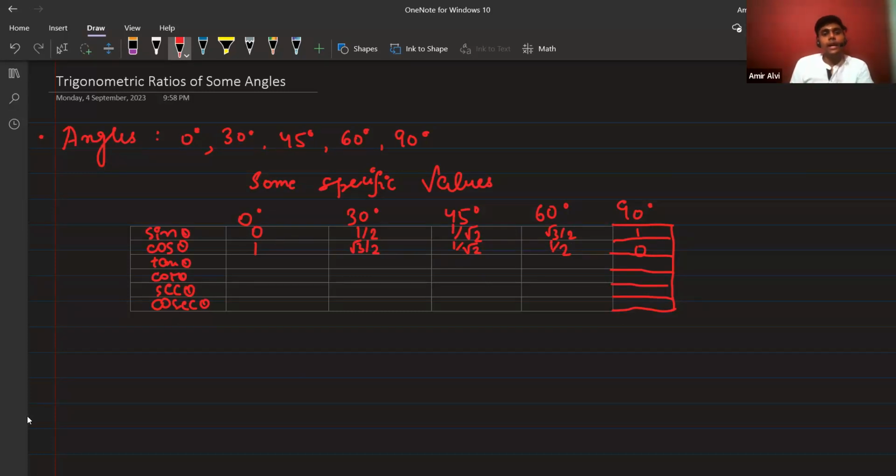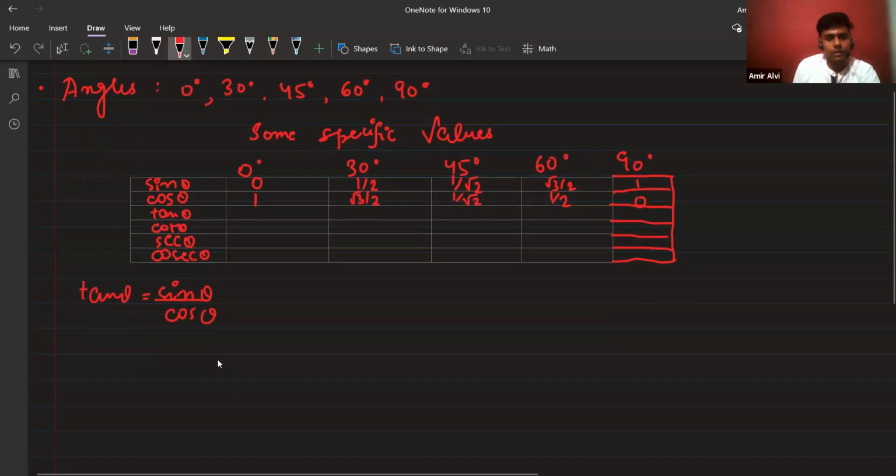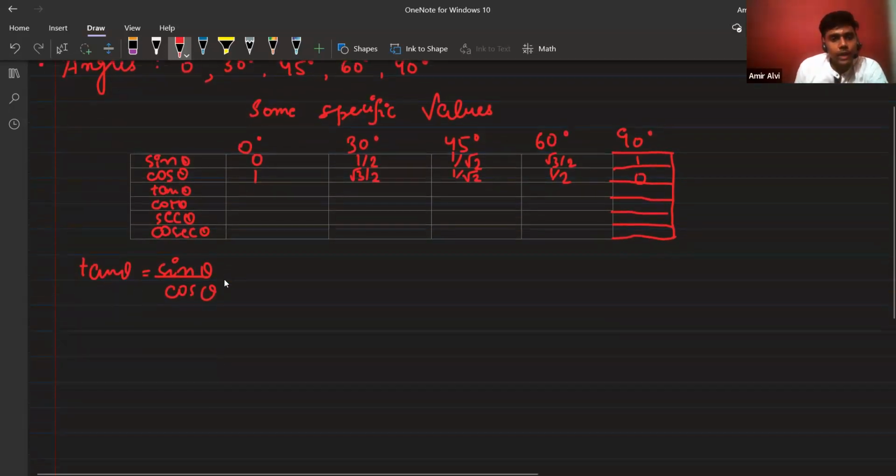So let's find out tan theta in an experimental way. Tan theta is sin theta by cos theta. So suppose we have to find tan 0.